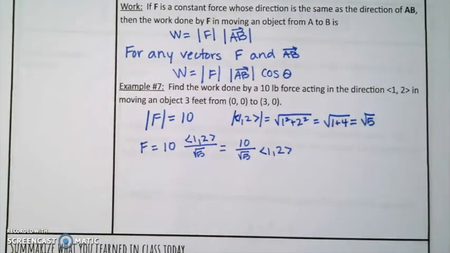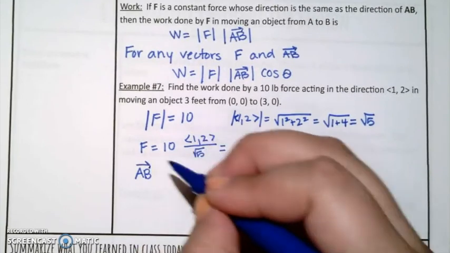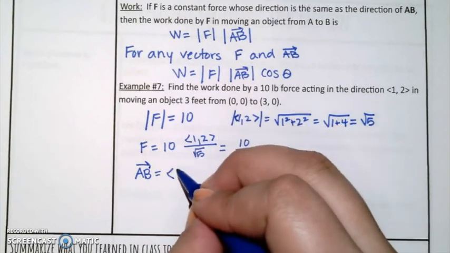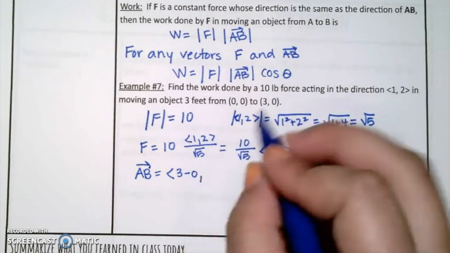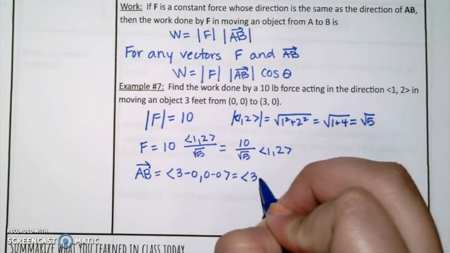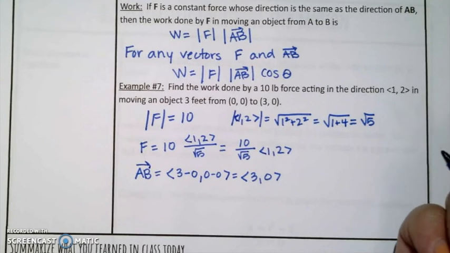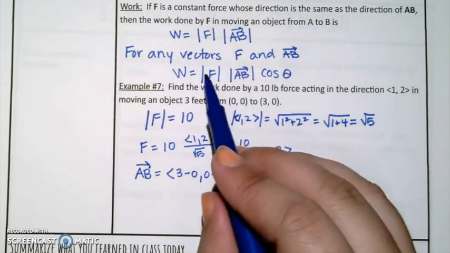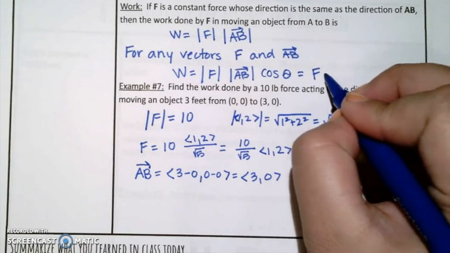Here I need to find AB. Vector AB is from 0, 0 to 3, 0, so I get the vector 3, 0. If I need to find the work, I know from the second page of our notes packet that this can also be calculated by F dot AB.